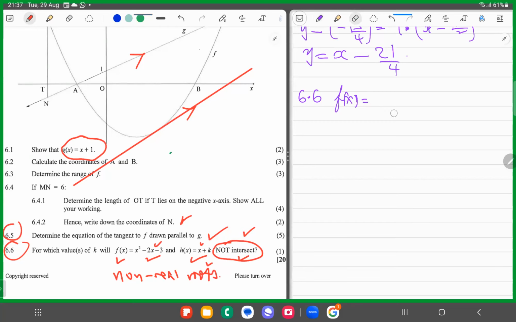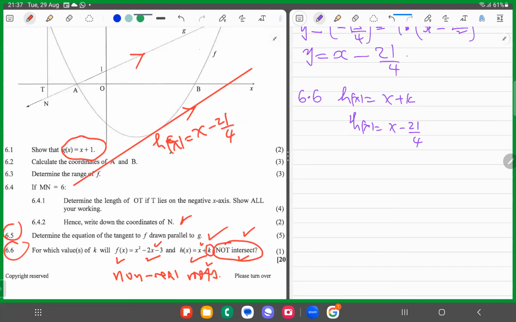But the h now, the tangent, is going to have the equation x minus 21 over 4. So the k in h is minus 21 over 4. The tangent is there.